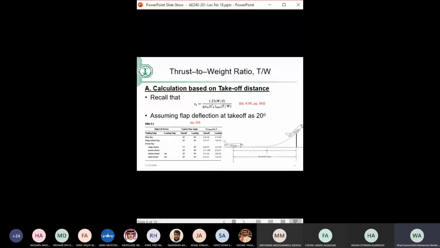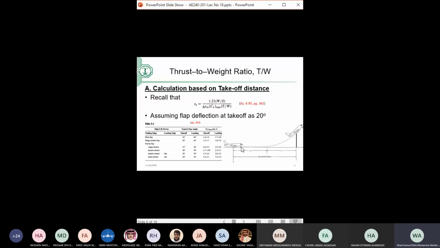With the takeoff distance, if we go back to chapter 6, you're going to have a quiz on this in about a week. You will find that the takeoff distance consists of the parts when the aircraft is on the ground and when the aircraft is airborne. The airborne part depends on the radius and theta, and this will depend on stall speed only.